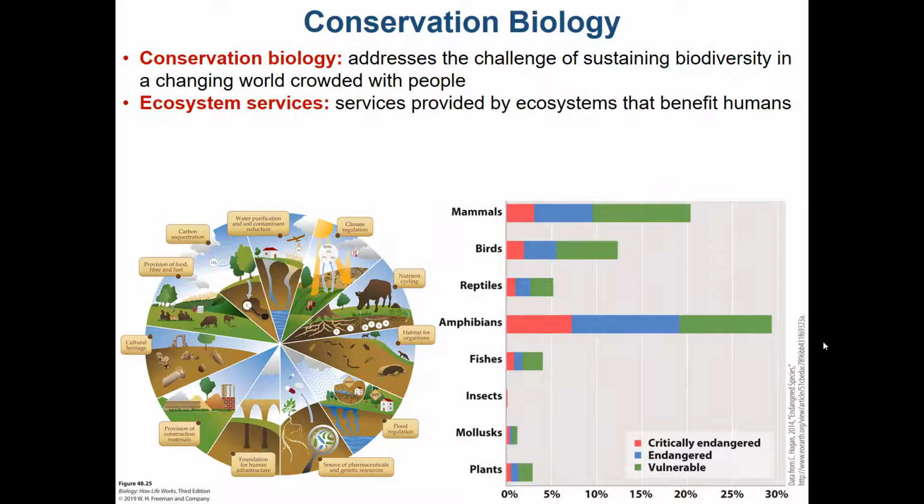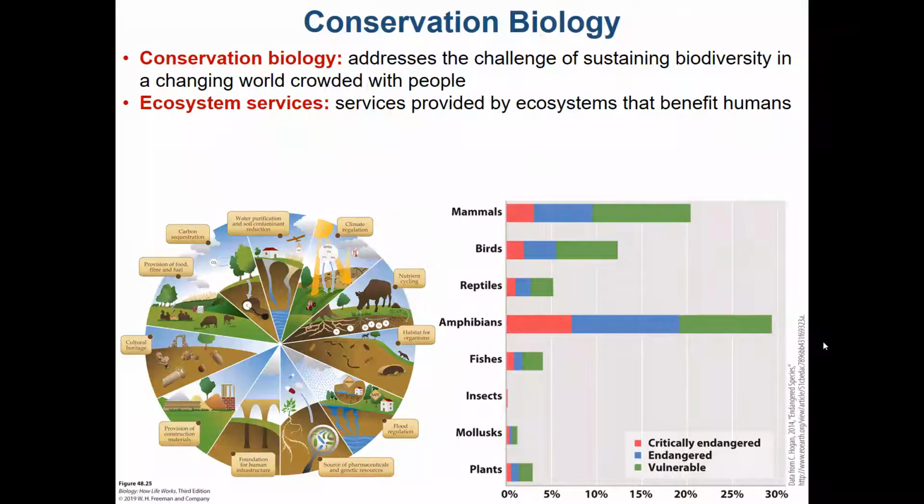As human activities lie at the heart of threats to biodiversity, humans can make choices that will help us to preserve and protect the natural world, not just for all the plants and animals that live in the world, but for our future generations of humans as well. Conservation biology addresses the challenge of sustaining biodiversity in a changing world crowded with humans.